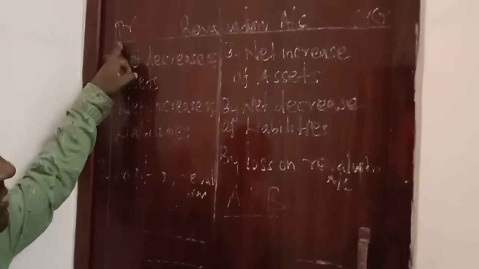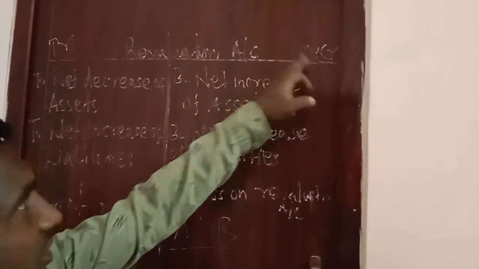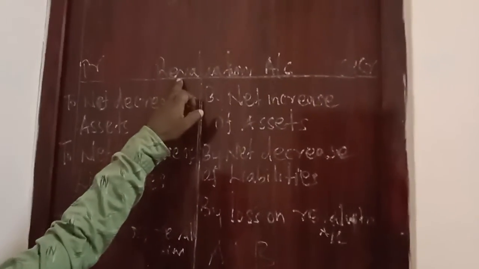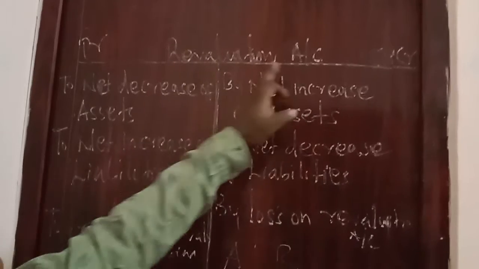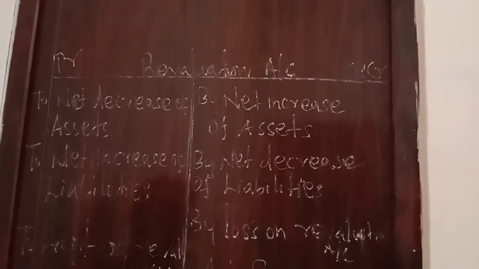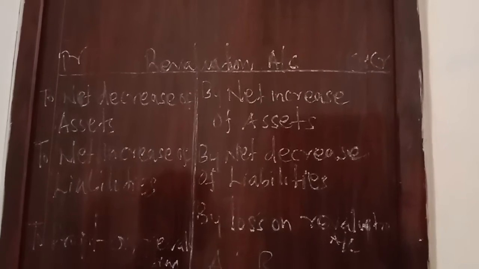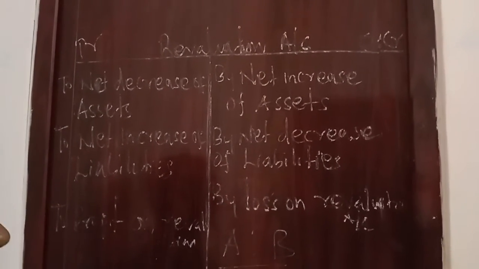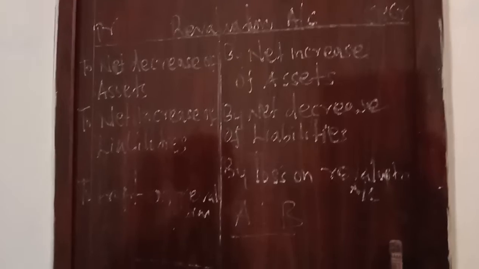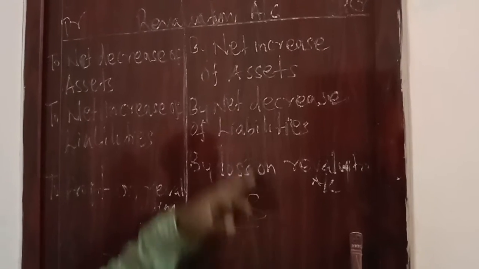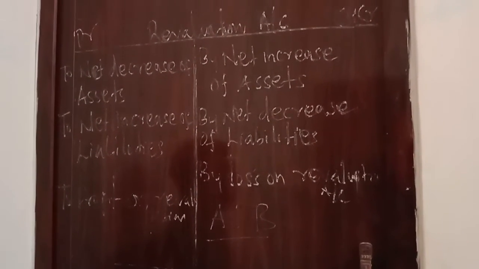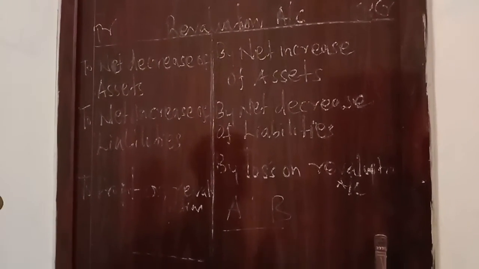Left hand side debit, right hand side credit, and heading revaluation account. Particulars, rupees; particulars, rupees. This is the procedure. We have to follow these procedures. If you follow the procedure, you will get 1 mark for it. Sometimes the answer is correct but the procedure is wrong, which means definitely you cannot get any mark.